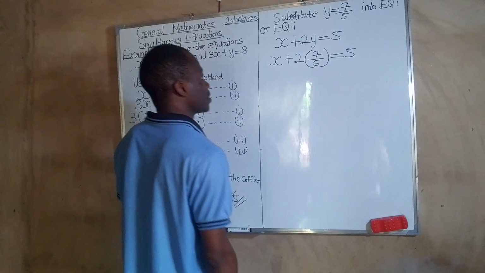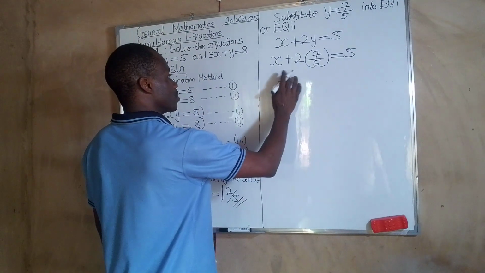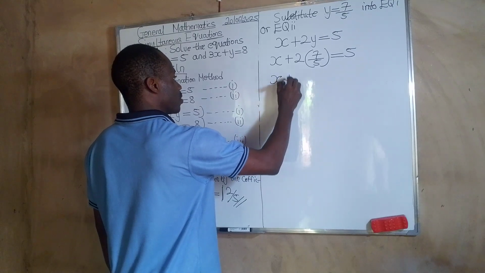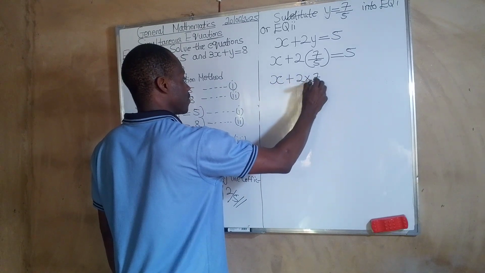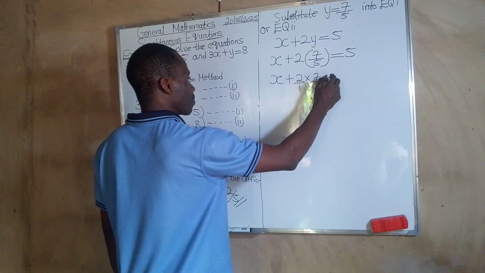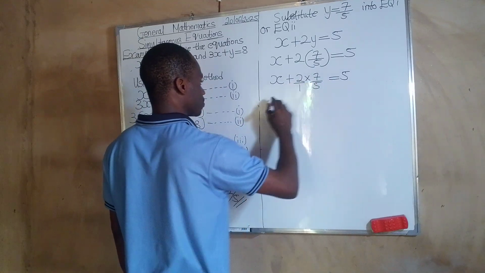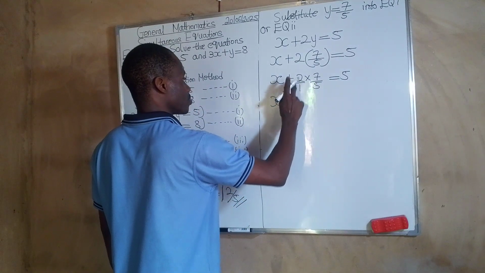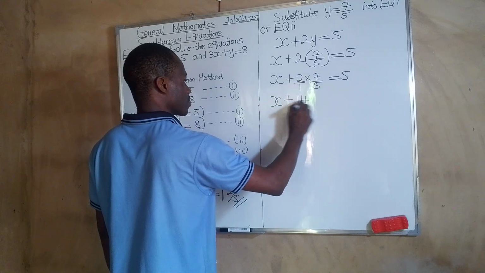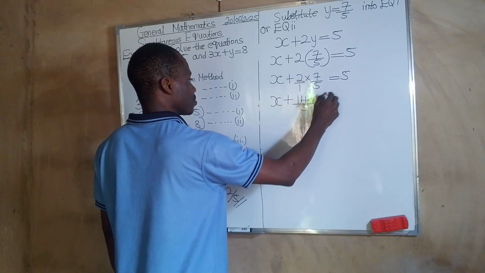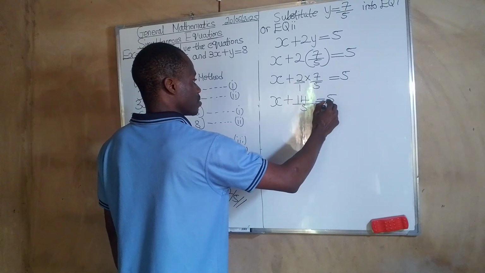You get that now? So now this is going to be x plus 2 times 7 over 5. Make this 1 over 1 equals 5. x plus 2 times 7 will give us 14, 1 times 5 gives us 5, equals 5. And we say this one is over 1.